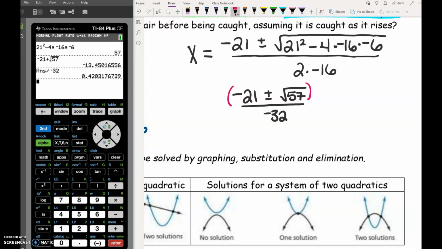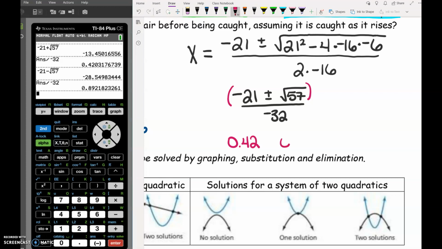So one of our answers is 0.42. Do that again. Negative 21 minus square root of 57, enter, then divide by negative 32, enter. Our other answer is 0.89.